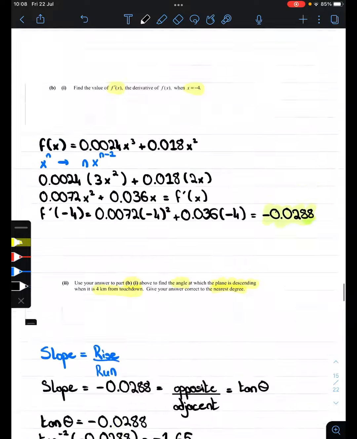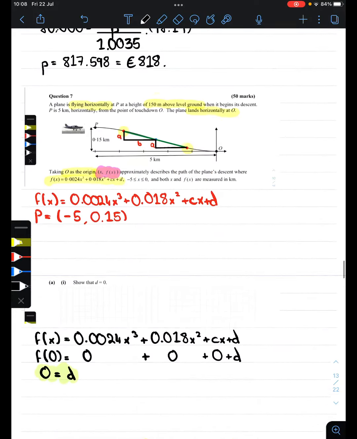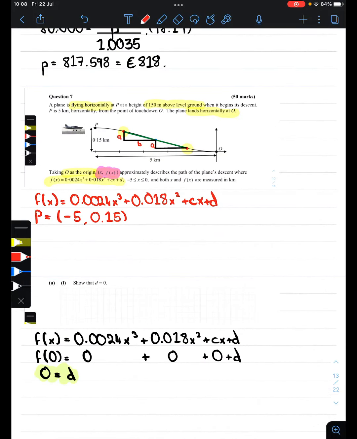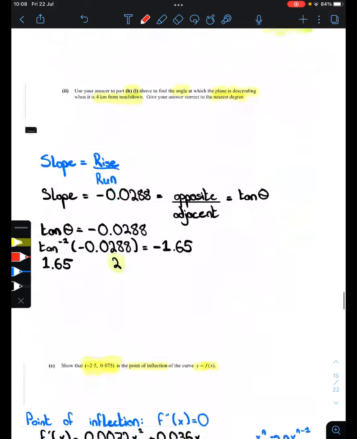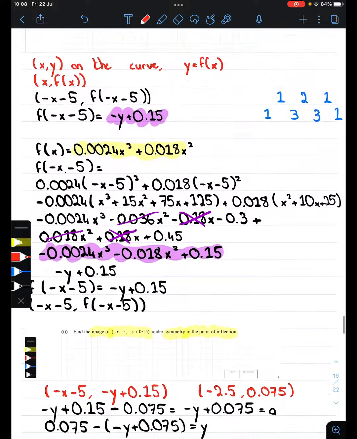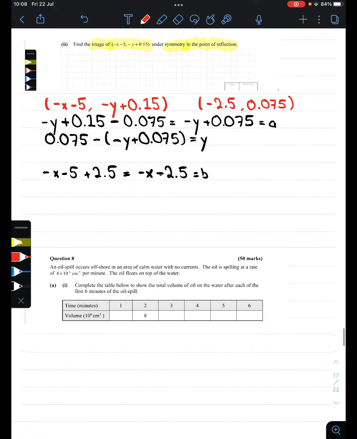And now, similarly, if we want to find the x coordinate of the image, we have to go over another one of these. So we get minus 2.5 and then minus x minus 2.5.